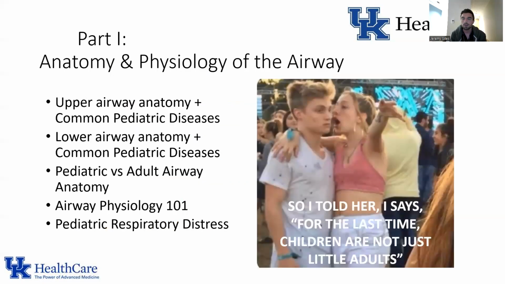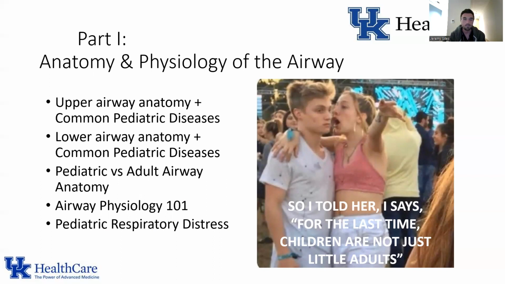So let's break this up into 2 parts. Part 1, we'll discuss anatomy and physiology of the airway. Subdivided beyond that, we'll talk about the upper airway, normal anatomy, as well as common pediatric diseases affecting the upper airway. We'll then do the same for the lower airway and discuss common lower airway diseases in pediatrics.